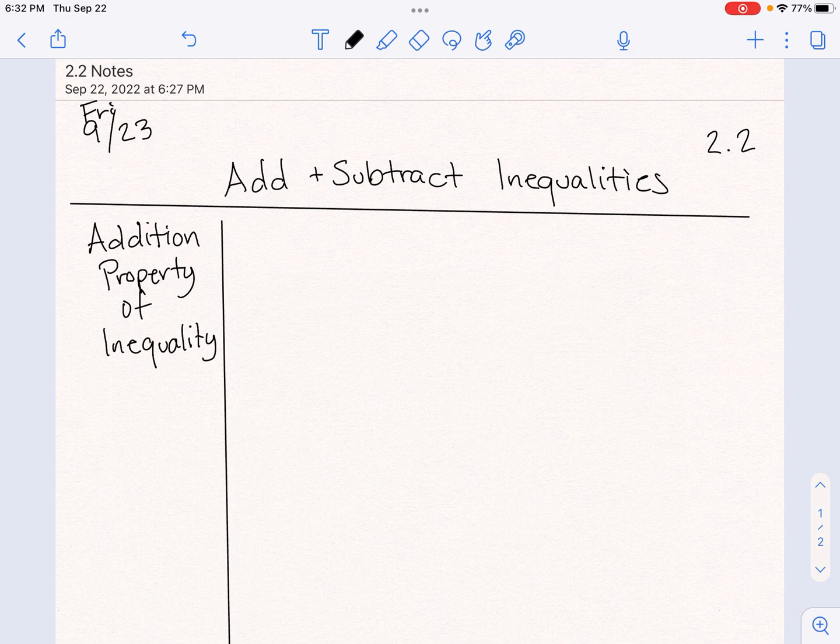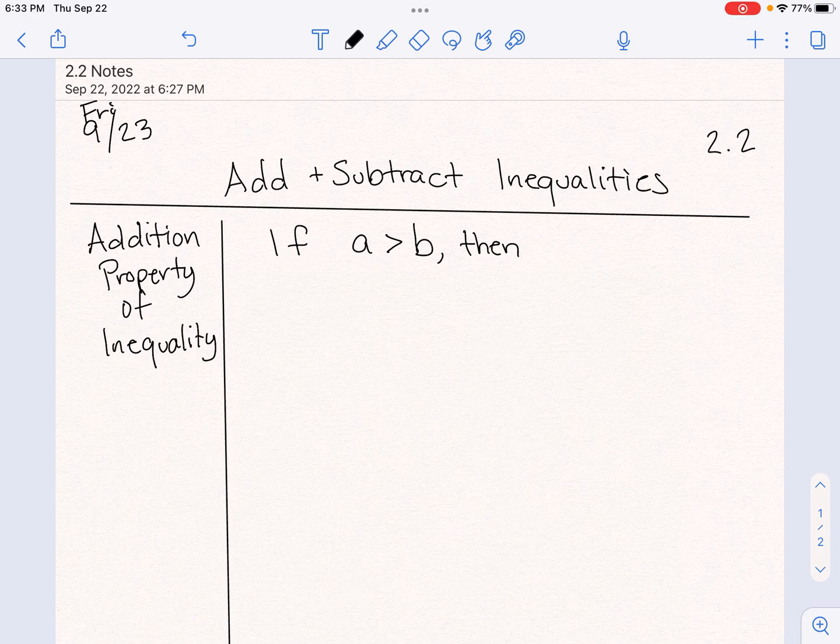So there's a theorem. It says if, we'll use greater than, if A is greater than B, they'll represent numbers, then if I add something to both sides, that inequality will still stay the same. It'll still produce an equivalent inequality.